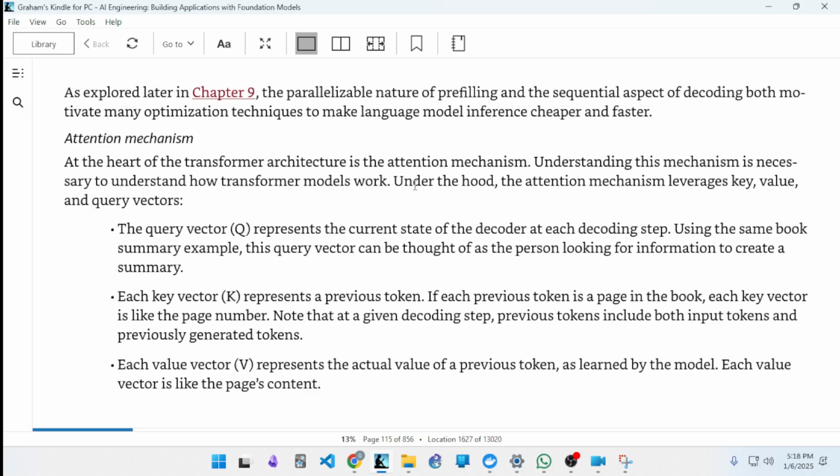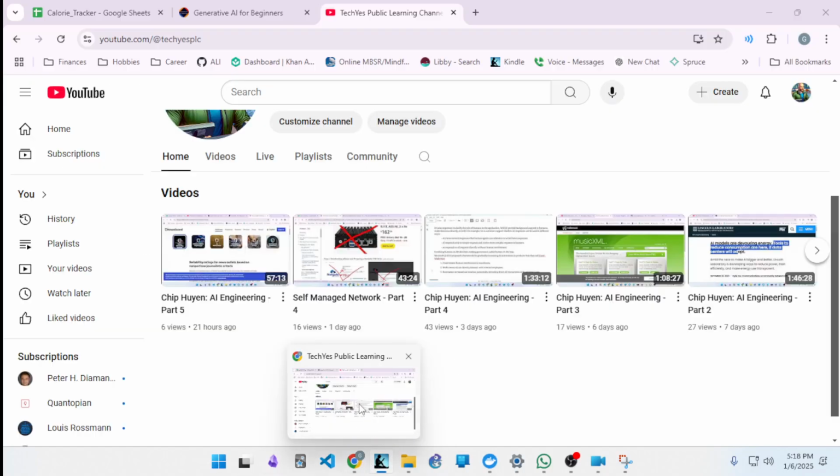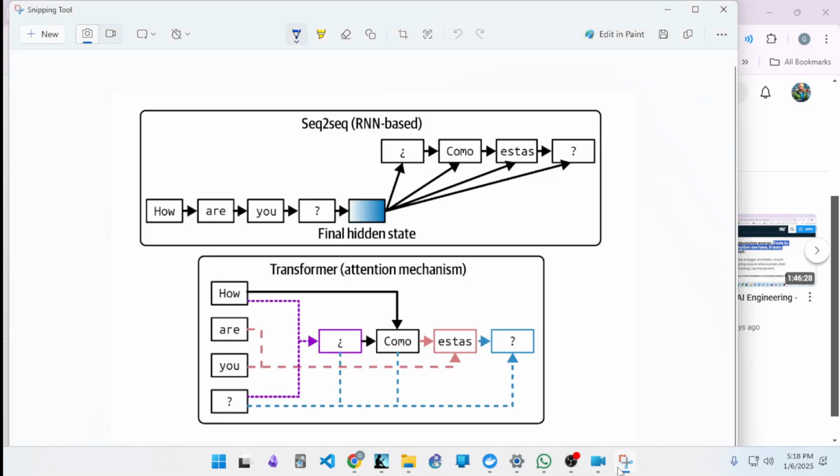Okay, so how the attention mechanism works is it leverages three vectors. So the three vectors are the query vector known as vector Q, the key vector known as vector K, and the value vector known as vector V. So we'll probably see that in the screenshot I took earlier.